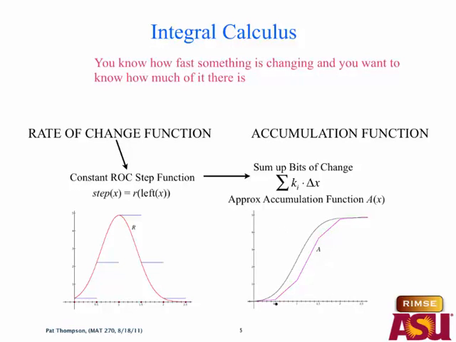Based on the step function, it gives us a pretend accumulation function that has linear pieces. And that's all about just summing up these bits of change by k delta x. That whole formula boils down to this.